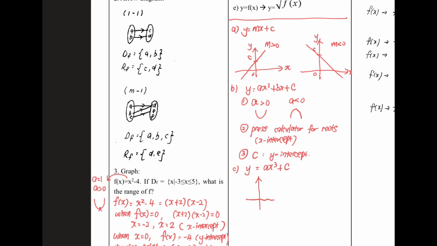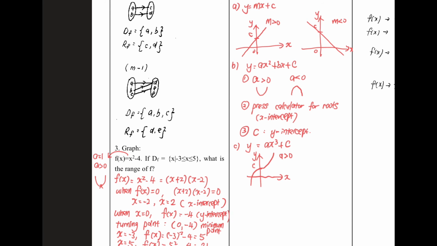Let's say I mark the c over here, and then if a is greater than 0, the graph will be like this. It will turn until the y-intercept in this way. It becomes flat for a while, then it goes up again. So this is the power 3 graph, or we call it cubic graph.